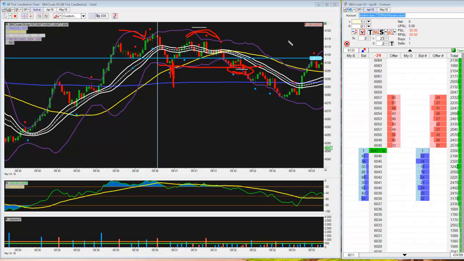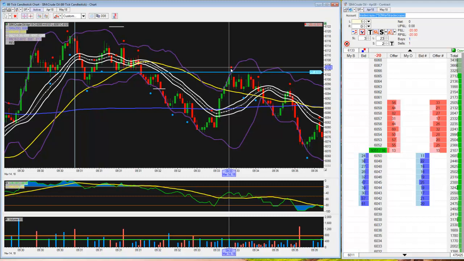And then we'd be running a 2/3 stop, which is 13 ticks today. So 60.96 and 13, 61.09. So let's get that. Was 61.09 run?